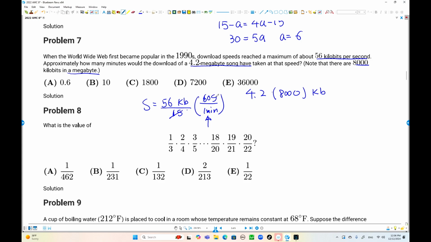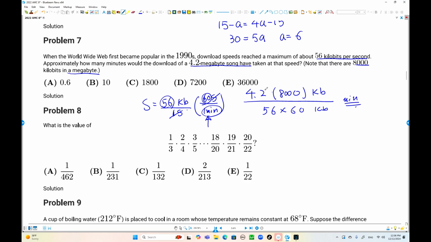So the second is out. So every minute the speed is about 56 times 60 kilobit. So to find the time, 56 times 60 kilobit, that gives us the time for 1 minute. How can you find this one?